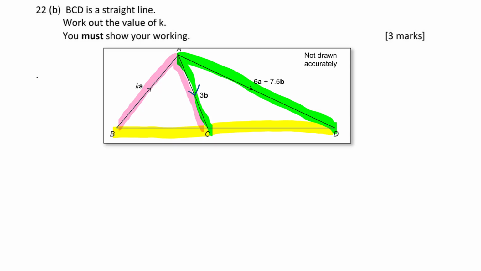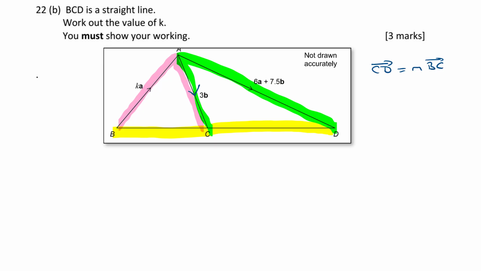So we're going to use the fact that vector CD is some scalar multiple of the vector BC, where m is some number. Doesn't really matter what that is at the moment. We're going to show that these two vectors are a scalar multiple of each other, and then hopefully we can work out what k is by comparing it with BC.